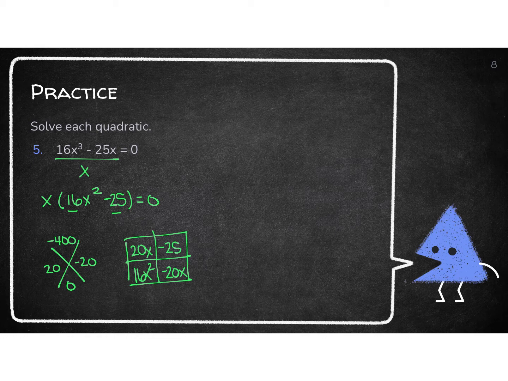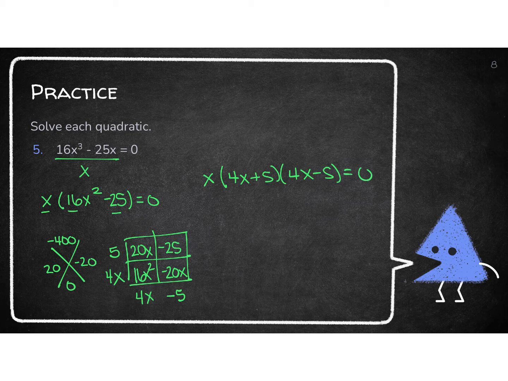So 16x squared and 20x both have a 4x in common. 20x and negative 25 both have a 5 in common. 16x squared and 20x, 4x. Negative 20x and negative 25 gives me negative 5. So the GCF that I had out front was x, and then I'd have 4x plus 5, 4x minus 5 equal to 0.